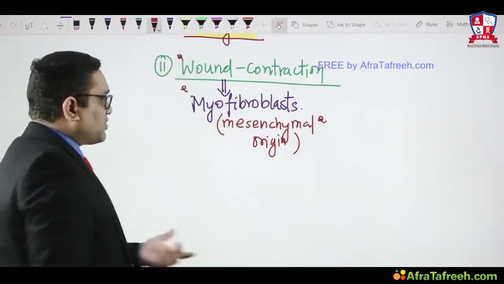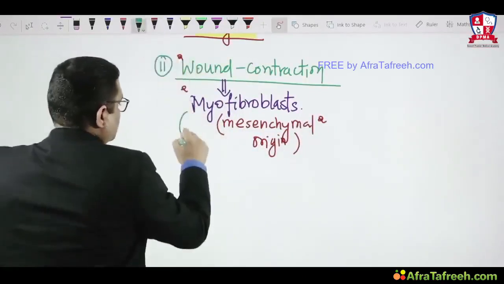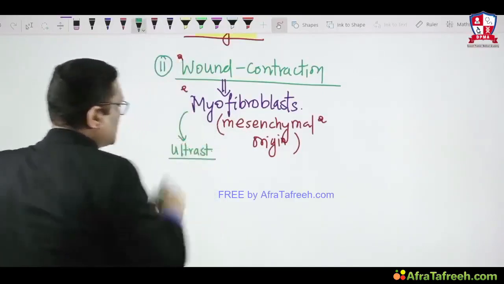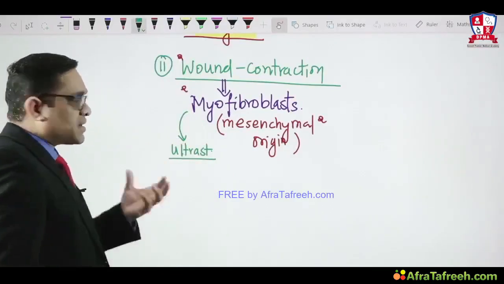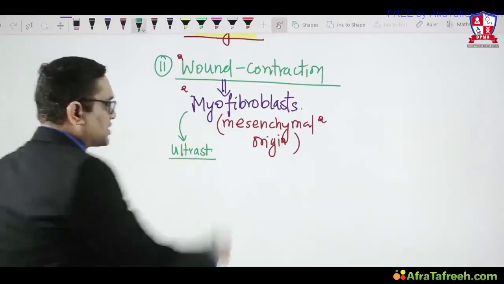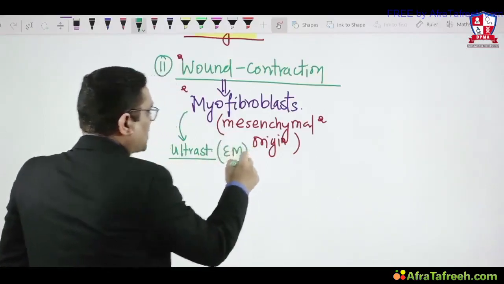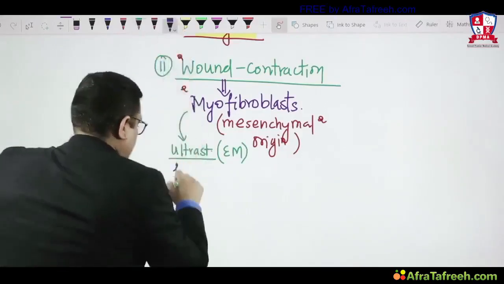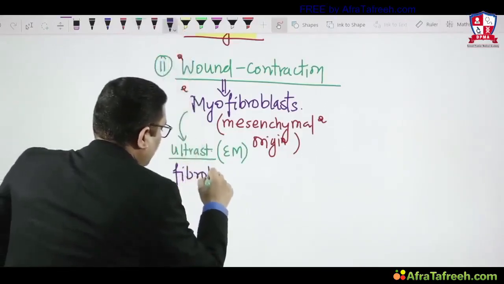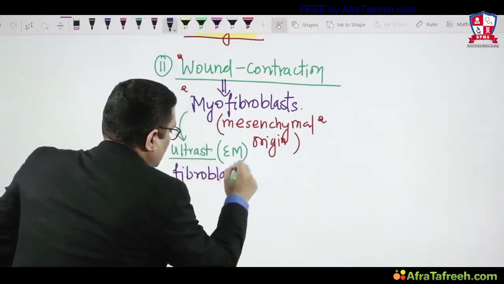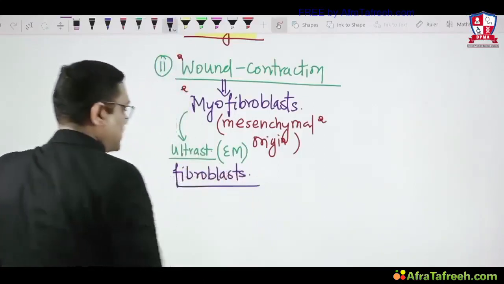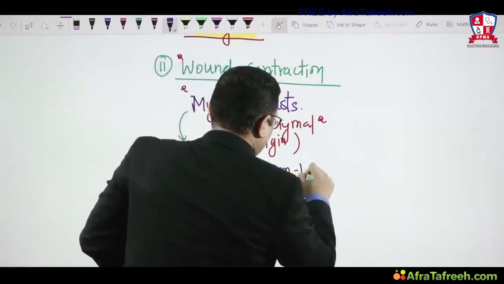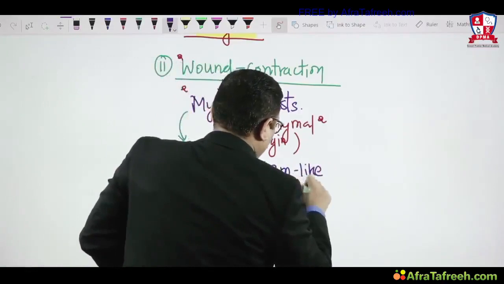They are mesenchymal in origin, and when you see them ultrastructurally, what are these ultrastructural things? Ultrastructural means on electron microscopy. So on electron microscopy, myofibroblasts are a special type of fibroblast which have smooth muscle like contractile activity.